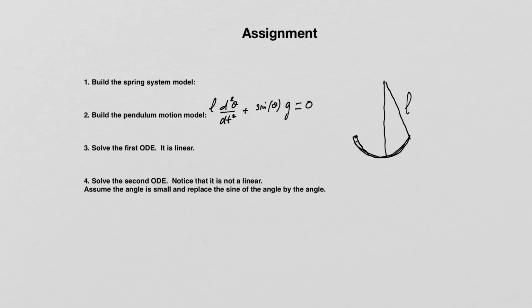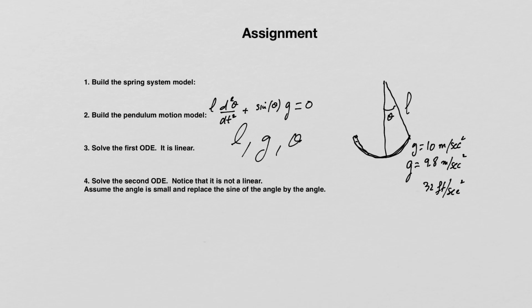So that's the length of the string, this is your theta, and G is the gravitational acceleration, 9.8 meters per second squared, or 32 feet per second squared. Sometimes you see 10 meters per second squared. It depends on the location where you are in the world. So these three letters, L, G, and theta, represent the length of the string, the angle, and the gravitational force.